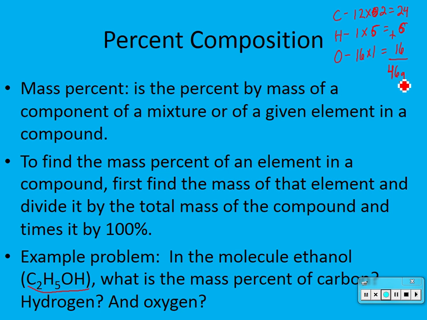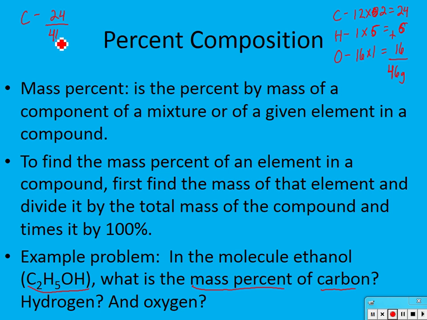46 grams total. Now, if we wanted to figure out the mass percent of carbon, in this compound, 24 grams come from carbon. Divide it by the total in the compound, which is 46 grams, and then you're going to times that number by 100.